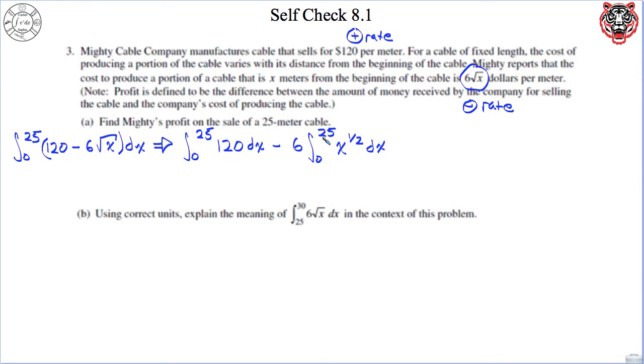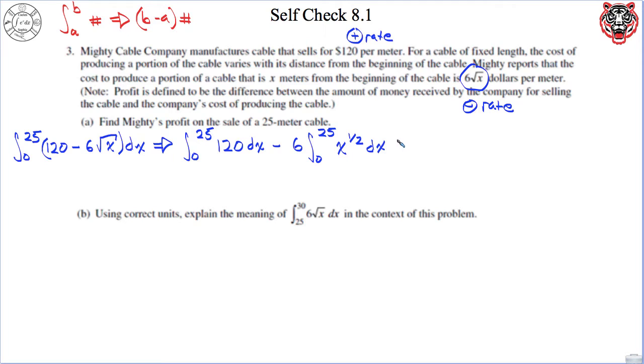So from here, I need to find this integral, and this is just a constant function. Remember, our trick for constant function is 25 minus 0, which is 25, multiplied by our number. If you need this rule, I'll write it down up here. If you have the integral from a to b of some number, this turns into b minus a times that number.